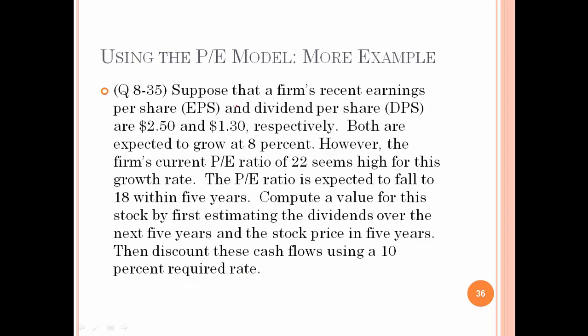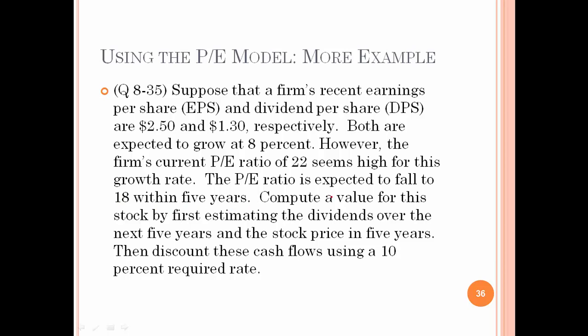You can also look at another example. This is question number 35 at the end of chapter 8. The EPS is 2.5 and the DPS, which is dividend per share, is 1.3, and it says both EPS and DPS are expected to grow at 8%, and the company's current PE ratio of 22 seems a little bit high, and it's expected to fall to 18 within 5 years.